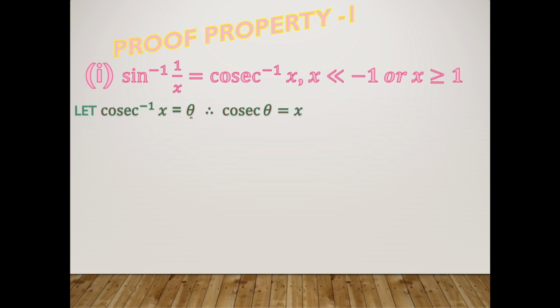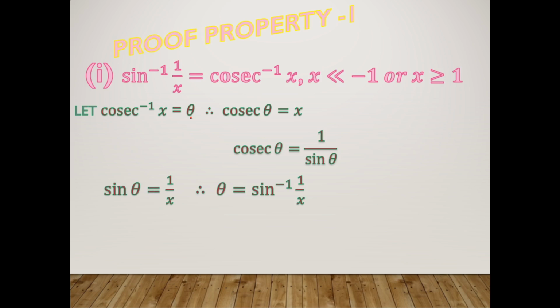Now, because cosec inverse x is equal to theta, cosec theta is equal to x, and this cosec theta is equal to 1 by sin theta. Cosec theta and sin theta are reciprocals of each other, so here sin theta is equal to 1 by x, right, because cosec theta is equal to x. Now if we have to take the inverse here, then 1 by x must be in the domain of the sin inverse function.